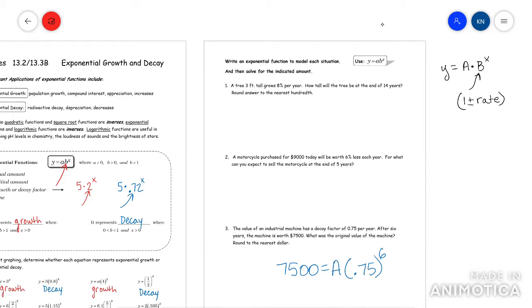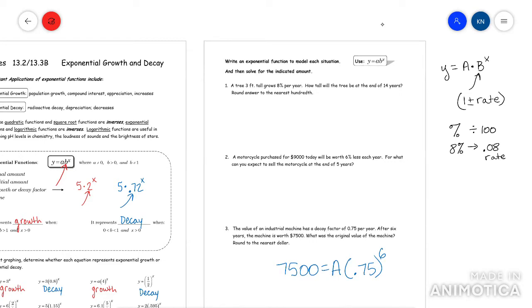I'll show you what I mean by that. And then one more really important thing you need to know is percentages. You need to divide by 100. So if it said 8%, you would put 0.08 as your rate. Okay, hope that makes sense.